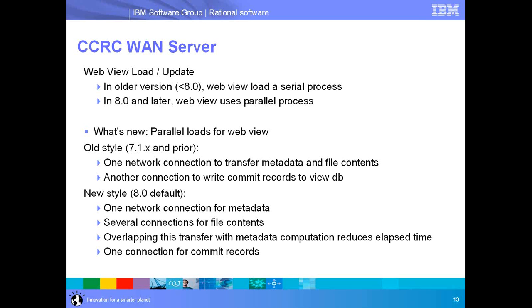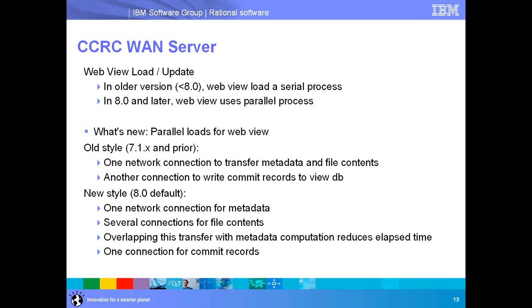When I say serial or parallel, in the old style, that is the 7.1 series, there used to be one network connection for loading your metadata and the file contents, and another connection for committing the changes that you make on your client to the view DB. So there used to be two connections which were happening serially. Whereas in the newer version, that is 8.0, you will have one network connection for metadata and several other connections which will spawn in parallel for loading all your file contents.